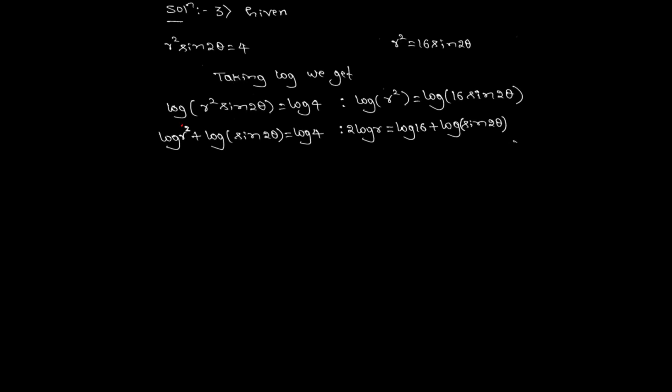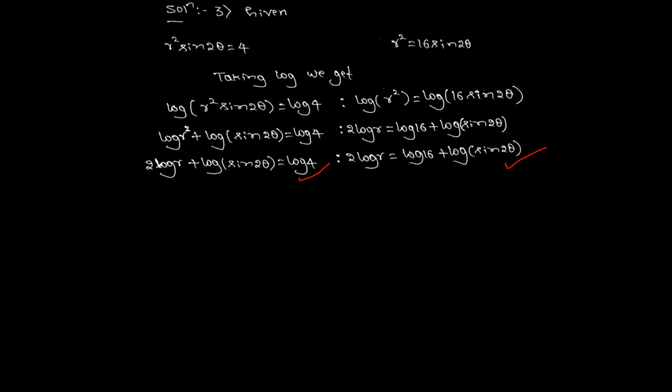Again we can use the same logarithmic identity here, so that it becomes 2 log r. The remaining things we write as they are. Almost all the logarithmic identities have been applied and simplified here to the simplest level.